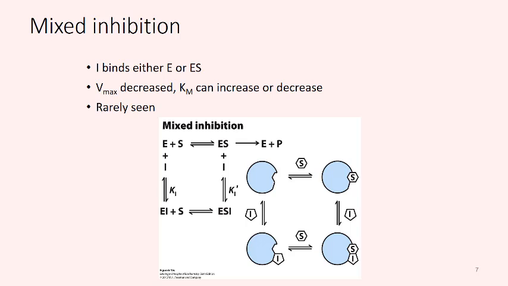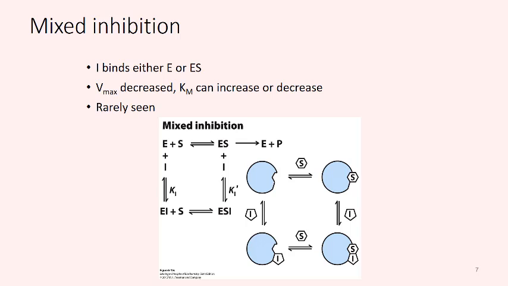But the Km can either increase or decrease depending on which step it's affecting. If it's binding to the enzyme alone, competing with the substrate to bind to the active site, we could see how the Km might increase. But if it binds to the enzyme after the substrate binds, we could see how it would decrease the Km.